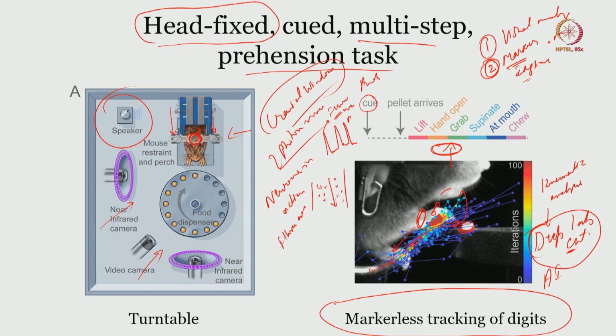But obviously it is very difficult to maintain such markers. If it is a staining, that might fade away, or the infrared markers might come off the rodent when it moves around. So, markerless tracking is the next level of sophistication, where you use an AI algorithm to train the software.